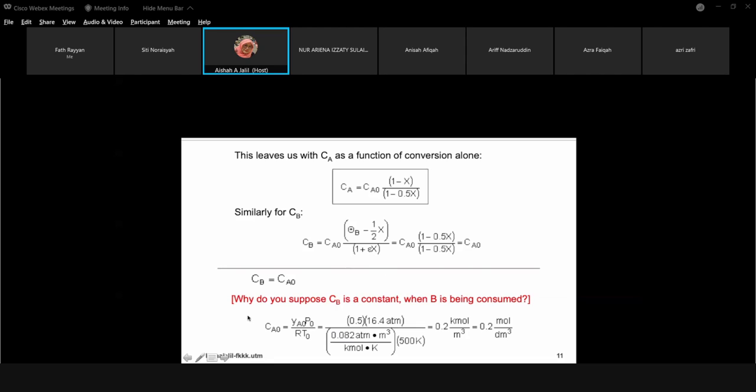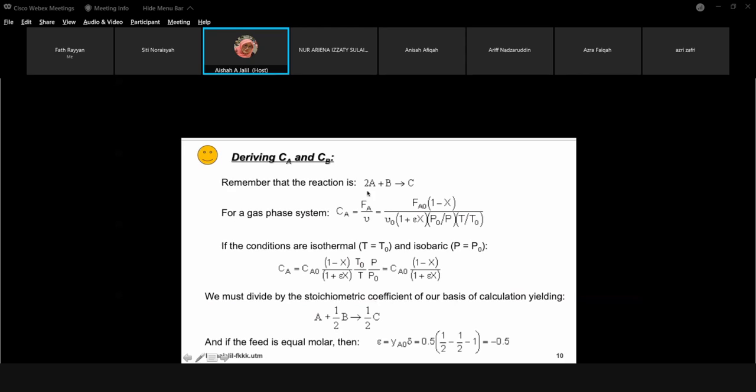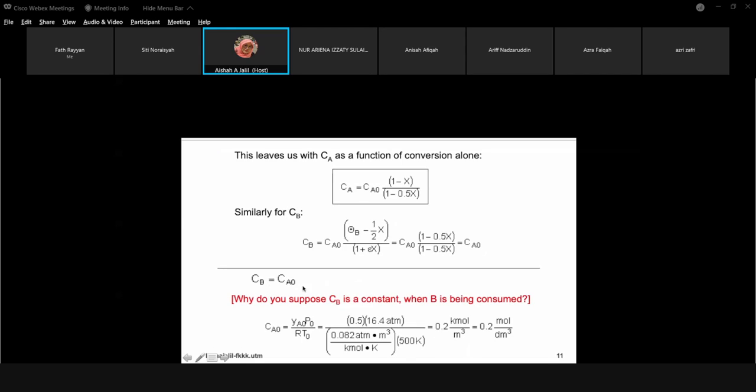Then they ask: why do you suppose C_B is constant when B is being consumed? You see, 2A plus B equals C. B is being consumed when you run the reaction, but why does C_B become C_A0?